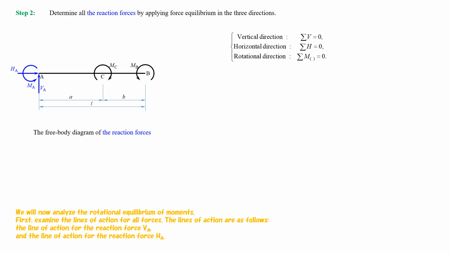We will now analyze the rotational equilibrium of moments. First, examine the lines of action for all forces. The lines of action are as follows: the line of action for the reaction force VA, and the line of action for the reaction force HA.